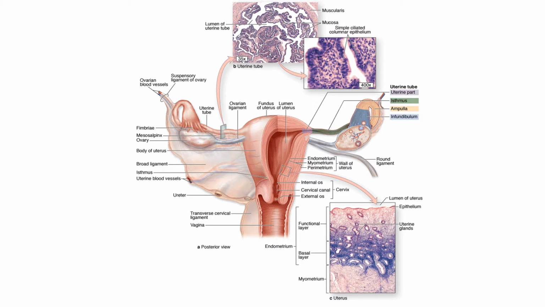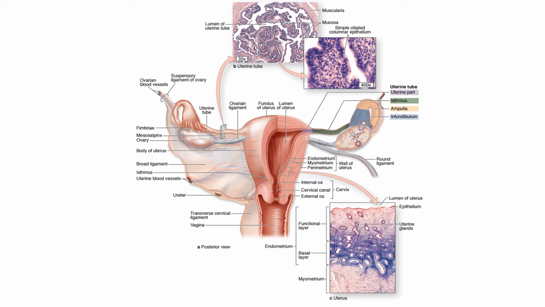These fimbriae are related to the lateral portion of the ovary, and they pick up the secondary oocyte just after ovulation. During that period, the secondary oocyte lies in the lumen of the uterine tube, and here the fertilization also occurs.